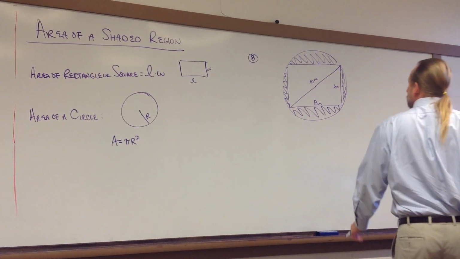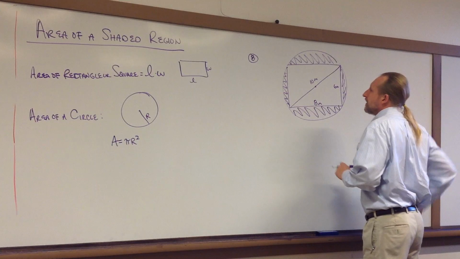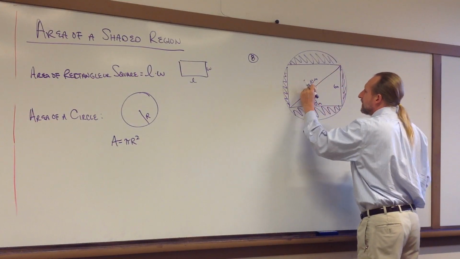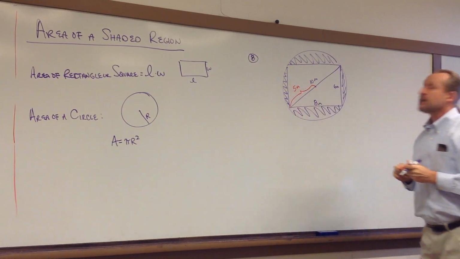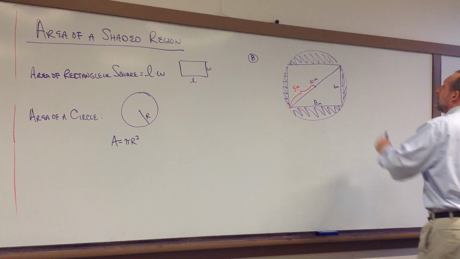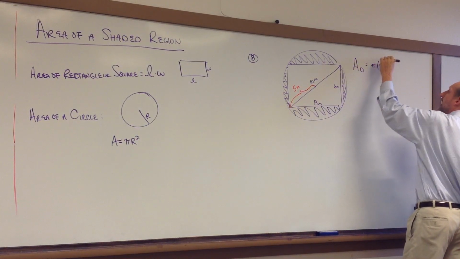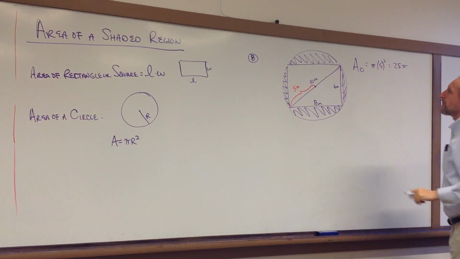so the key here is we want to find the area of the circle. So the key here is to recognize that if this distance is 10, that's the diameter, and that means that the radius is going to be 5 meters. And so the area of that circle is going to be pi times 5 squared, which is 25 pi.